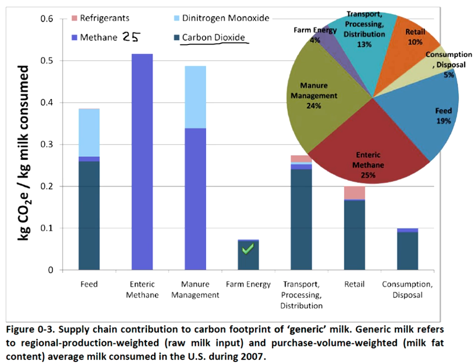Farm energy: all the energy used on the farm is a fairly small amount of energy, and a very small part of greenhouse gas emissions. So going after making farms more energy efficient is going to have a pretty small impact on the carbon footprint of the dairy production system.